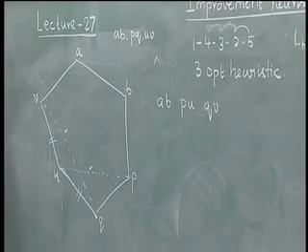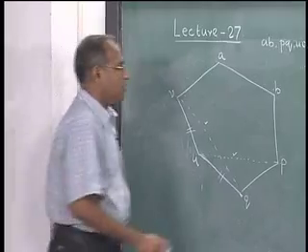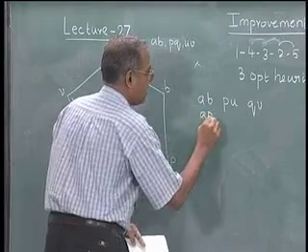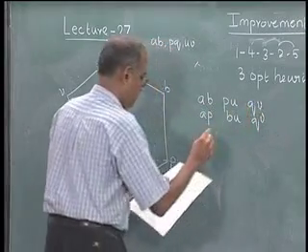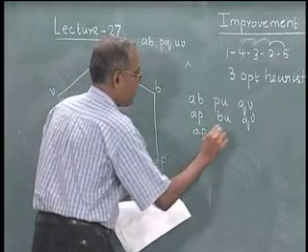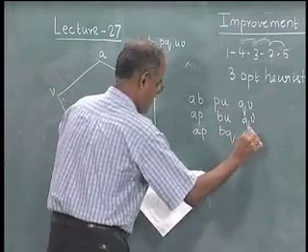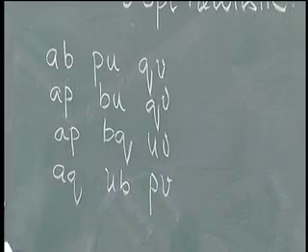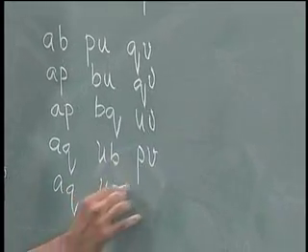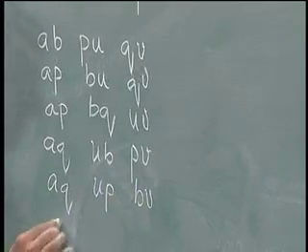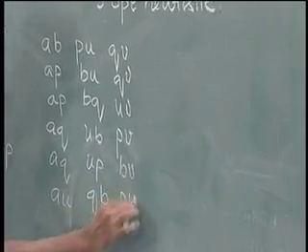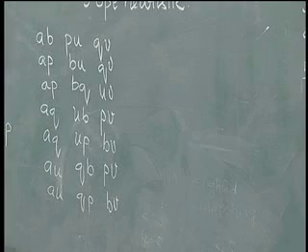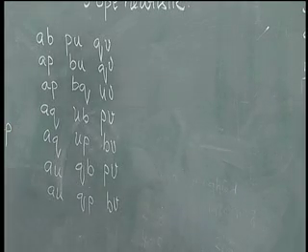There are 8 solutions, but 7 new solutions can be obtained, one of which is A, B, P, U, Q, V. The others are A, P, B, U, Q, V; A, P, B, Q, U, V; A, Q, U, B, P, V; A, Q, U, P, B, V; A, U, Q, B, P, V; and A, U, Q, P, B, V. Now, these are 7 new solutions that are possible.